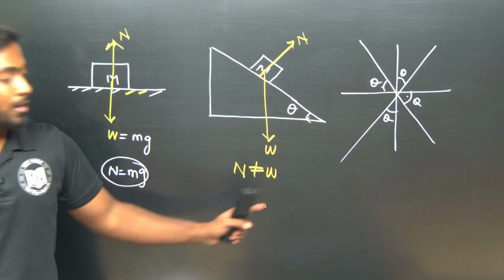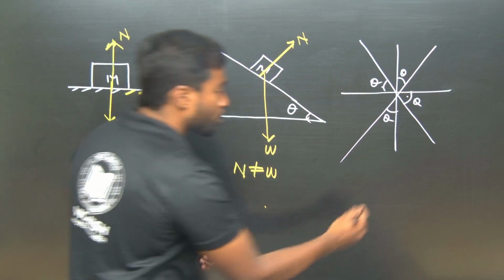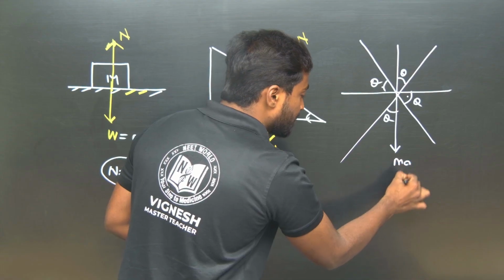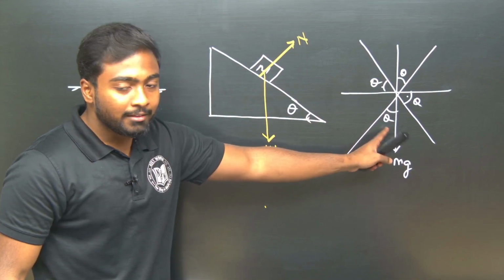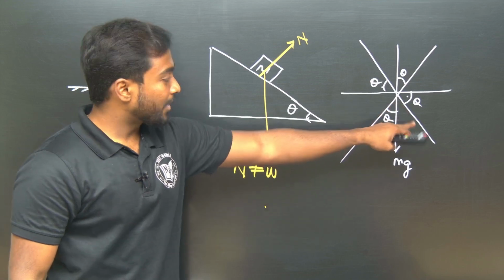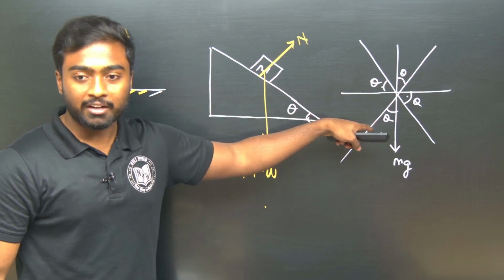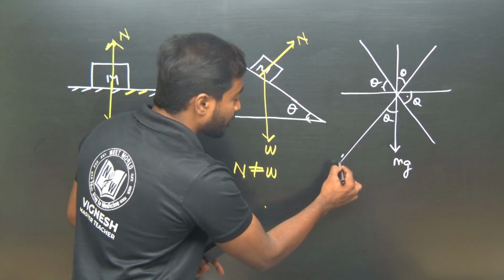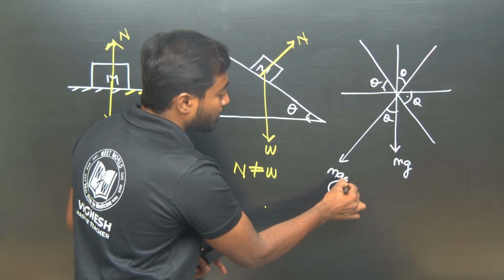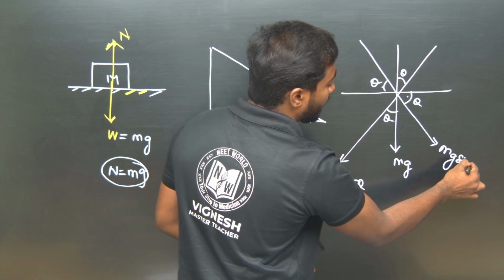Got it? Now take the weight, that is mg, always towards down. Now see the angle side by side. Where theta is there, that will be my cos theta. Where theta is not there, that will be my sin theta. So this is my mg cos theta and this is my mg sin theta.